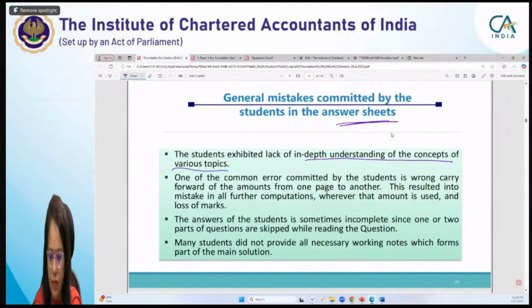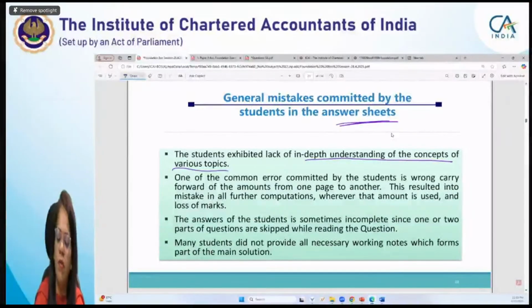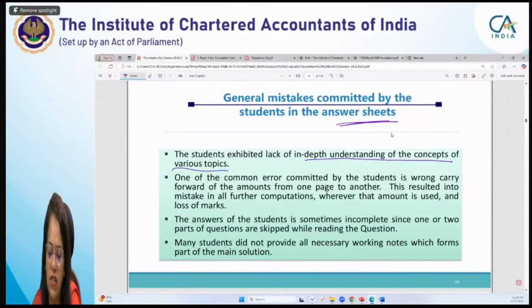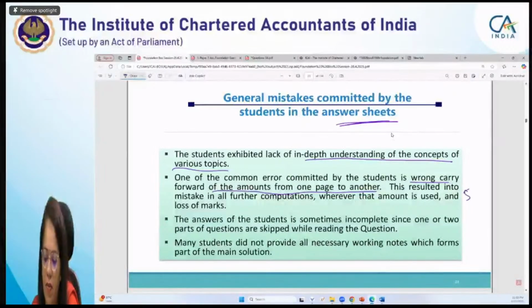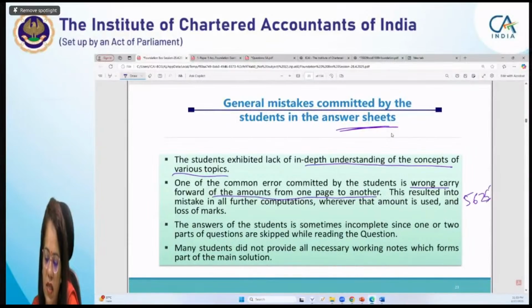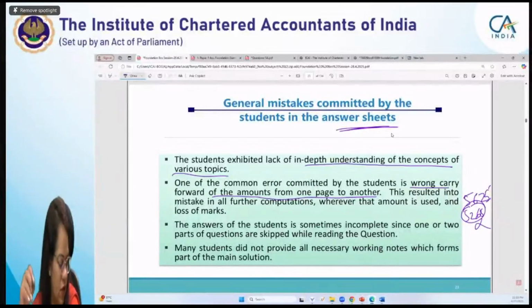Okay. One of the common mistakes committed by the students is the wrong carry forward of the amounts from one page to another. This is a very common mistake. For example, 5625 is carried forward as 5265. This is a mistake. You will end up with a wrong answer.